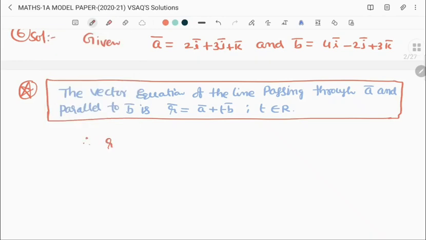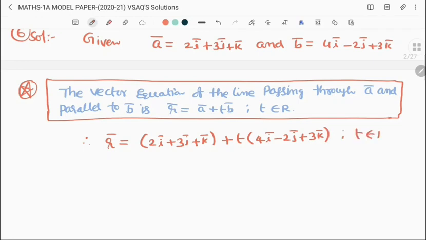Therefore, r bar equal to a bar means you write this value 2i plus 3j plus k plus t into b bar, 4i minus 2j plus 3k. If you want to take common, you can take common i bar, j bar and k bar from both the vectors.